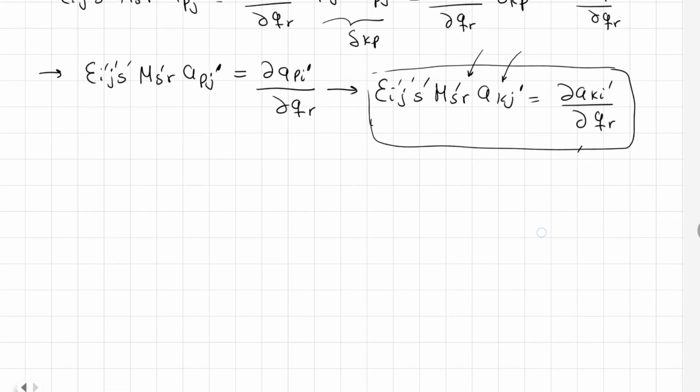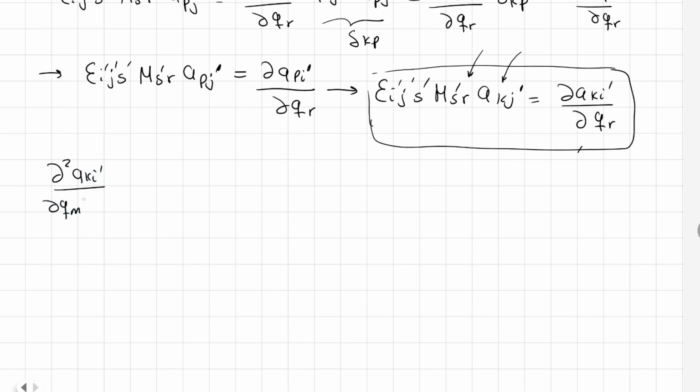What are we going to get? Well, the second partial of A_K with respect to Q_M and with respect to Q_R is going to be equal to the partial of A_KJ' with respect to Q_M, and all this is constant.